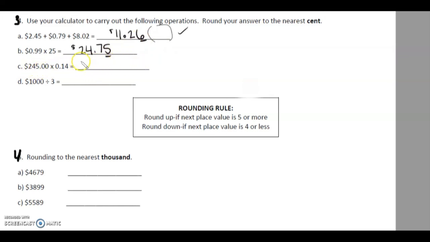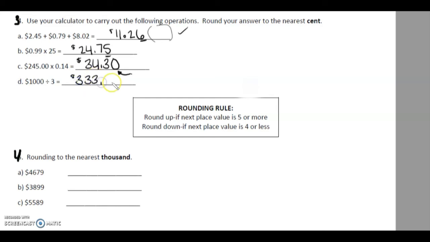Okay, 245 times 0.14, we get 34.3, and I would do 34.30. So technically, the 0 is not going to show up in your calculator, but if we're talking about money, you always want to state it to 2 decimal places. Okay, and 1,000 divided by 3. This one we definitely have to round.